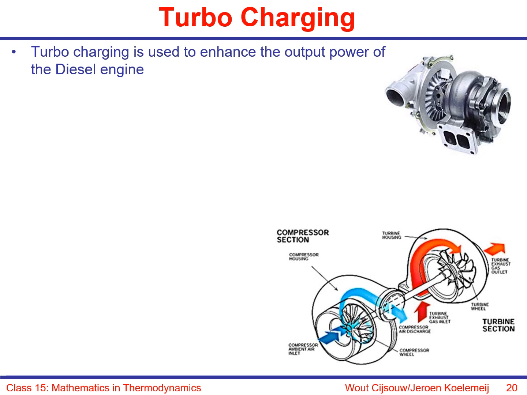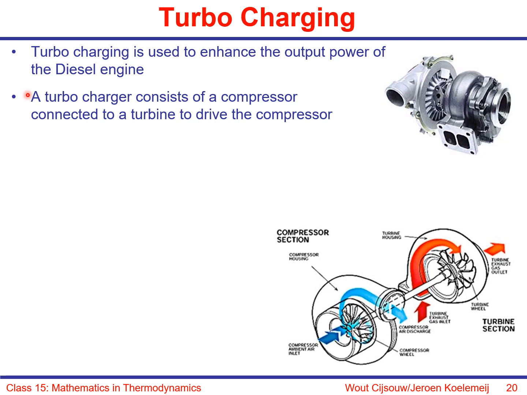Well, thermodynamically speaking, it's a device that you can use to enhance the output power of a diesel engine. By the way, you can also use it for gas engines, but in this example, we will look at the diesel engine. A turbocharger is basically one shaft with a compressor, and at the end there's a turbine that is used to drive the compressor.